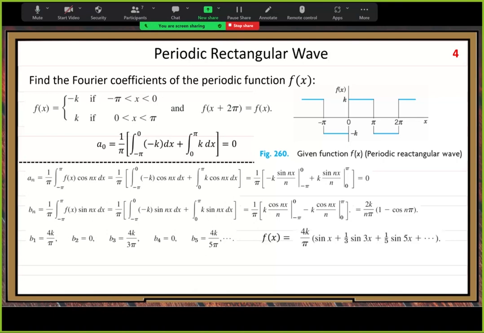So finally, we can write the Fourier series expansion for the f function in this way. All these are sine terms, only odd terms, odd times x. So this is our first Fourier series.